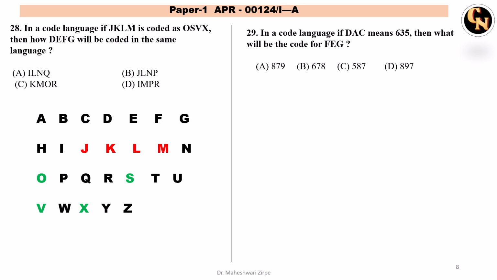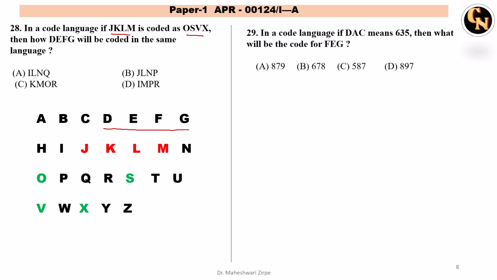So for JKLM, they have coded it as OSVX, shown in green. Now what we have to do, DEGH is coded in the same way. These are the letters they are asking us to code. Now how to do such questions?